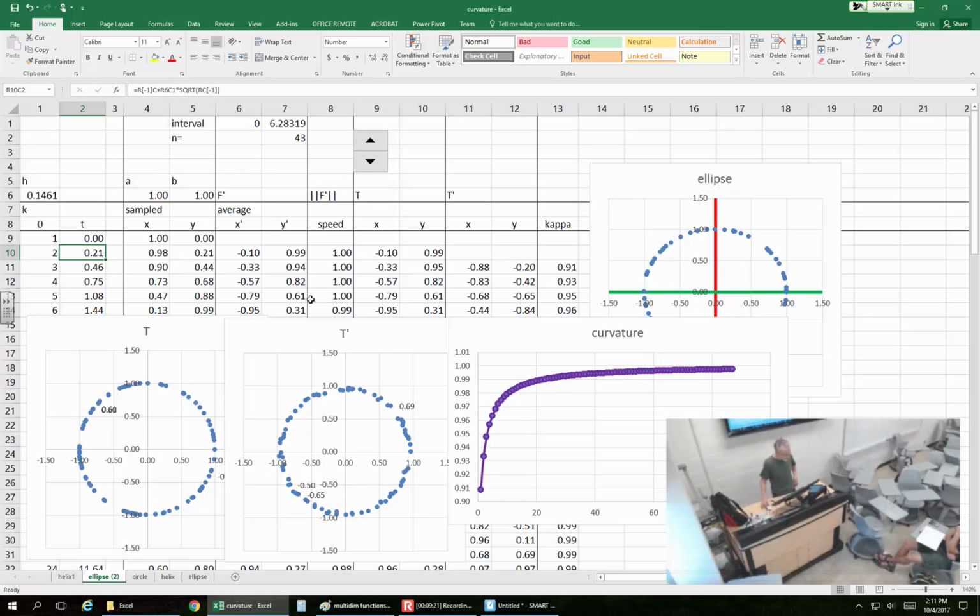Look at how it is changing in a non-uniform fashion: first it progresses by 0.21, then by 0.25, then 2.9, and so on, as far as the step of the parameter t is concerned.